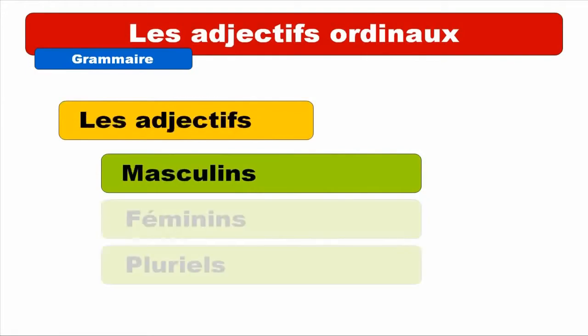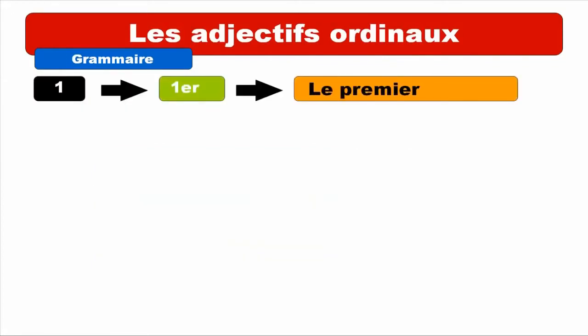Okay, so let's start with the masculine form, because as usual we've got the masculine form, the feminine form, and the plural form. So let's start with the masculine. Le premier, all right. Le premier, repeat. Okay.